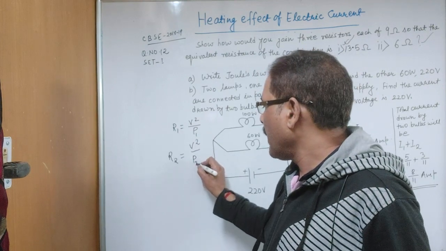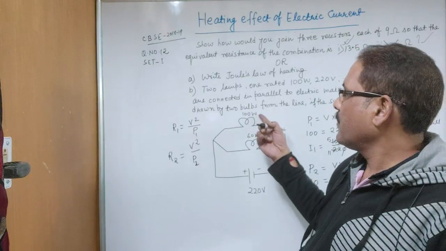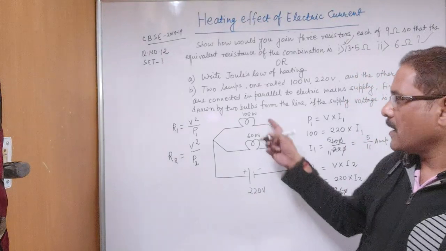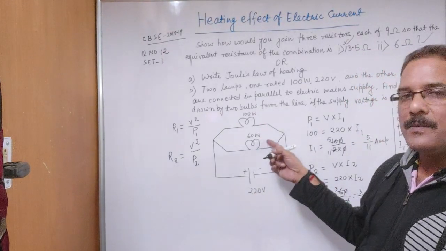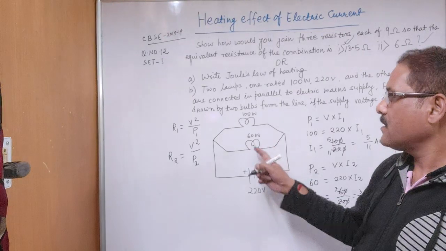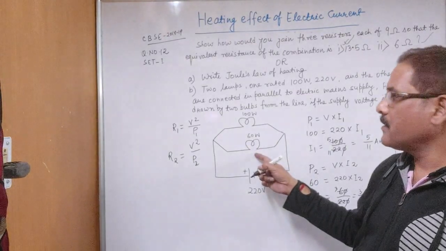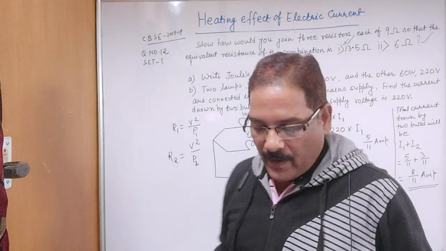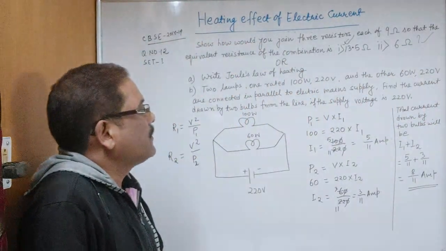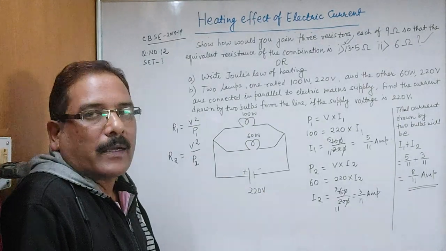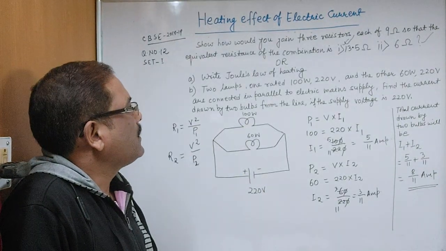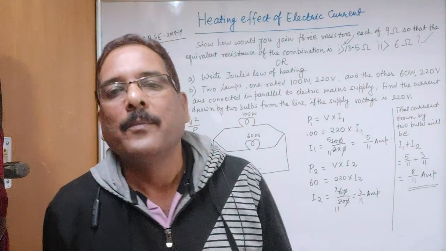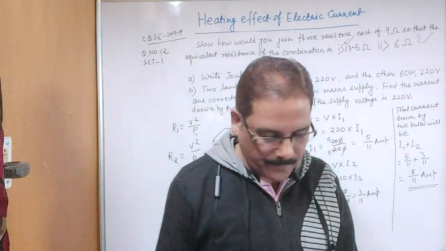P1 and P2 are the powers, the 100 watt bulb and the 60 watt bulb. In this way you can also calculate the resistance of these two bulbs. After calculating the resistance, you have to find the equivalent resistance because they are connected in parallel, and then from Ohm's law you can calculate the current. That is another way, that is also correct, but a lengthy way. So if you want, you can solve it by that method also.